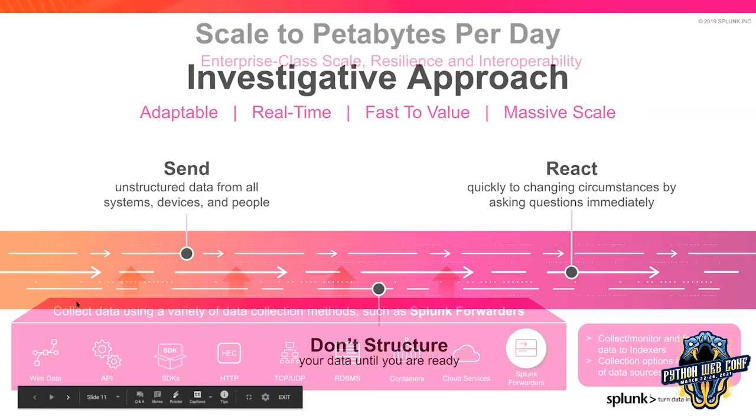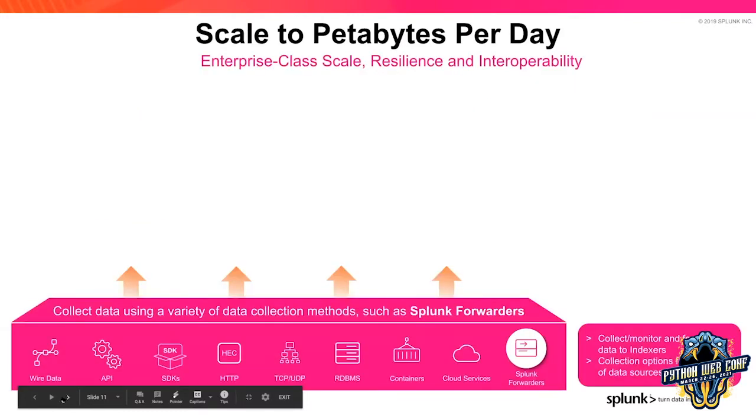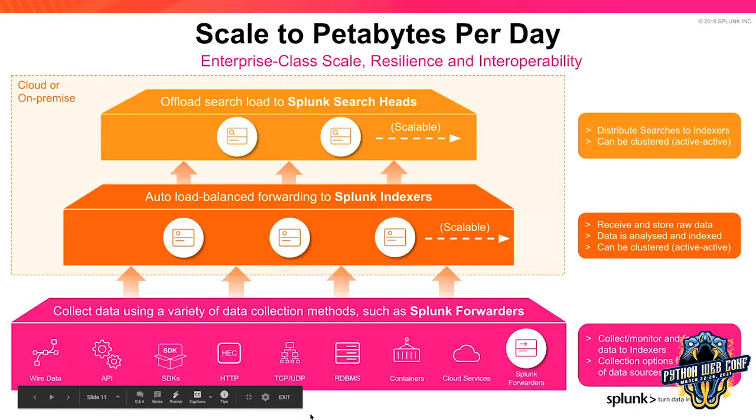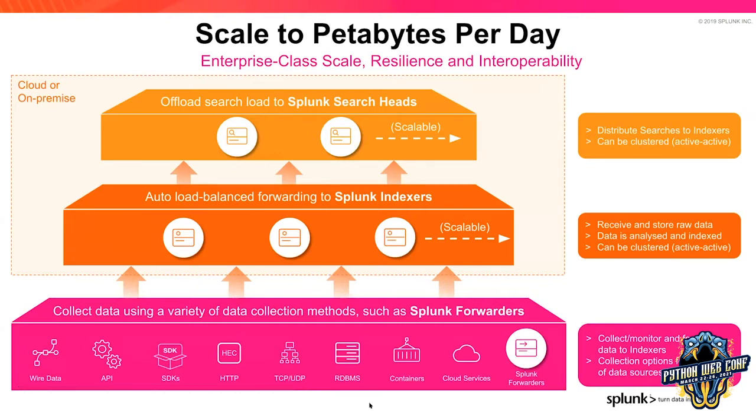All right, so let's see. I'm going to go ahead and build this entire slide out. So at the very bottom, this is how we collect data. We can collect data in many, many ways. The most popular is the Splunk forwarders, where we literally have a little agent that sits on the endpoint, like a Linux box or a Unix box, that collects the data, or a syslog server that collects the data and sends it to Splunk.